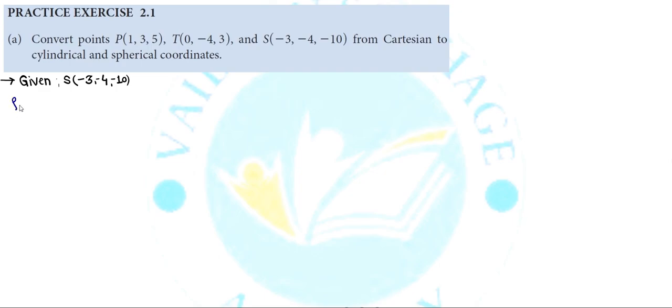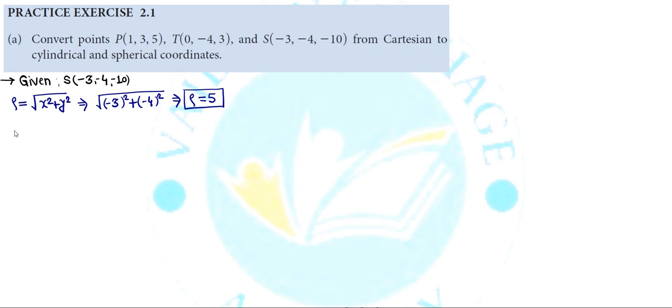Again, rho equals the square root of x squared plus y squared. Here x is minus 3, squared, and y is minus 4, squared. If you simplify, you will get rho equals 5. So this is rho for coordinate S.